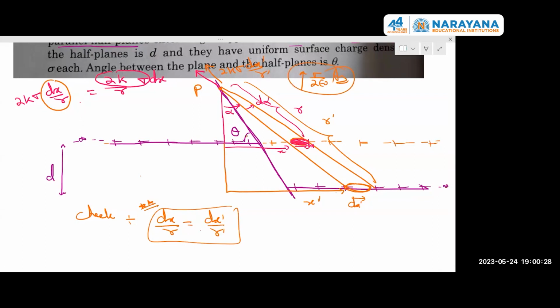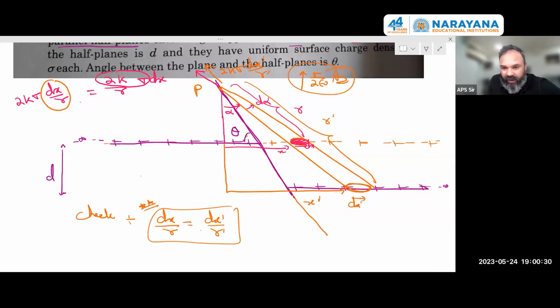Similarly, when you go down here and try to write the field somewhere here, I'll say this guy keep as such. Now for the contribution of this guy, I'll draw a hypothetical guy here, then this guy will shift from here to here. So this complete guy and this complete guy, then the answer will be sigma upon 2 epsilon naught perpendicularly downwards.